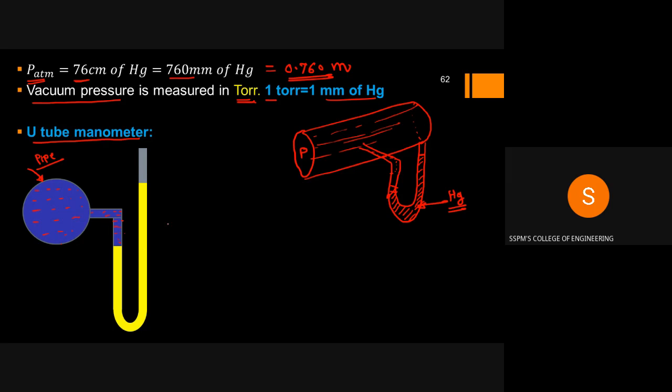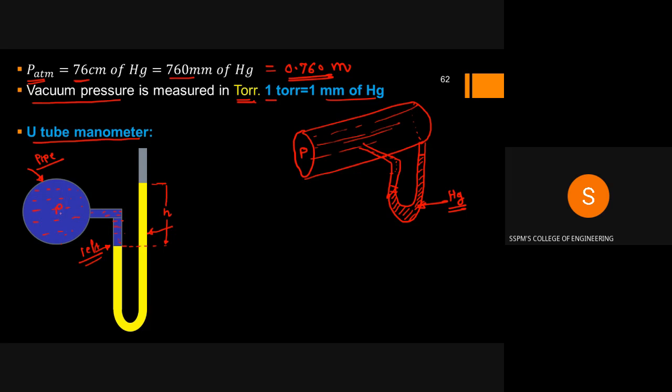Because of the pressure, the mercury on the left side of this tube will be lowered, and the mercury on the right side will be raised in the upward direction. So there is a level difference. This is the level difference h. By measuring this level difference, we can determine the pressure inside this pipe.